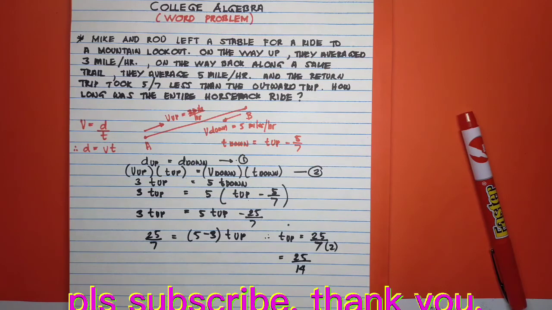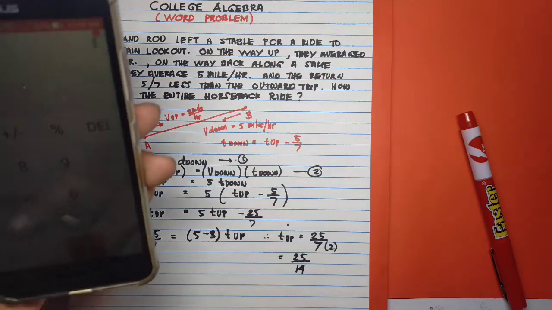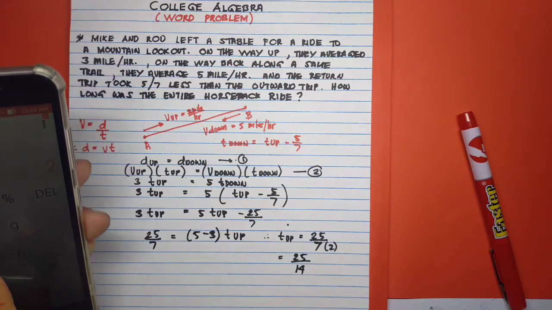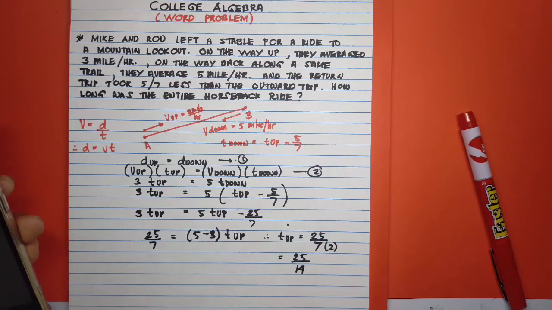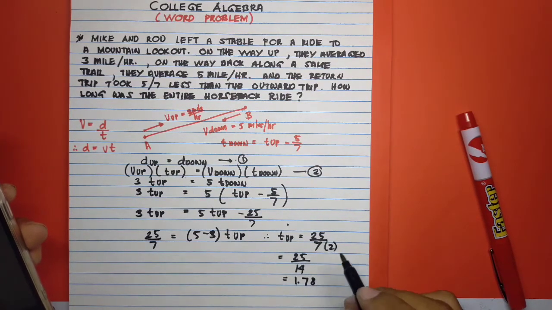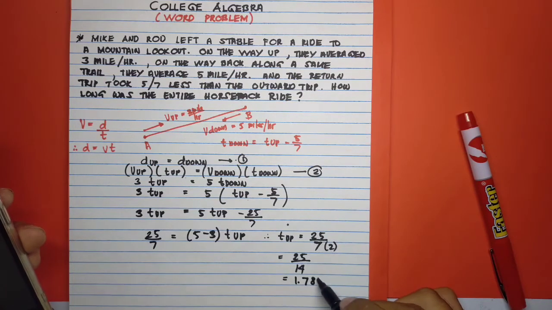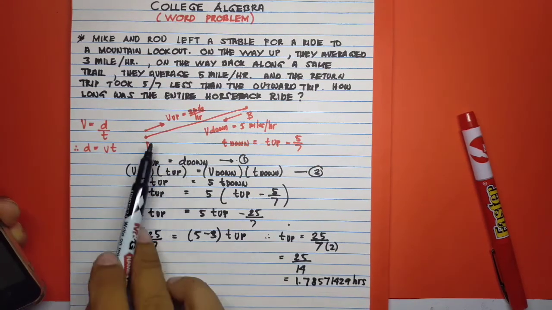Okay, so let's divide 25 over 14. 25 divided by 14, so the time is 1.78571429 hours. So that's the time they took to go up.